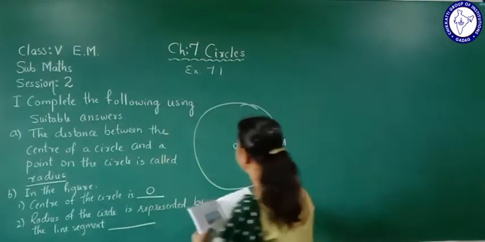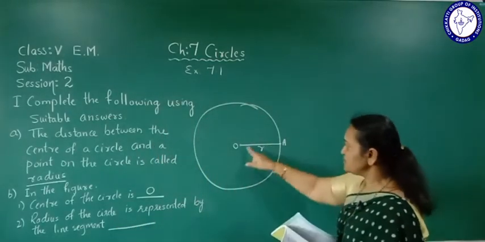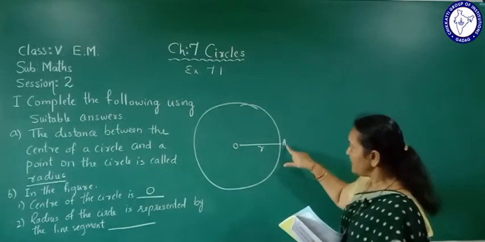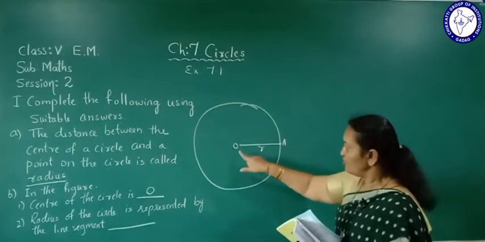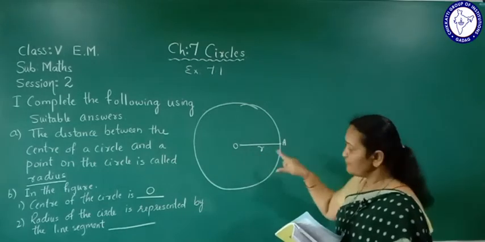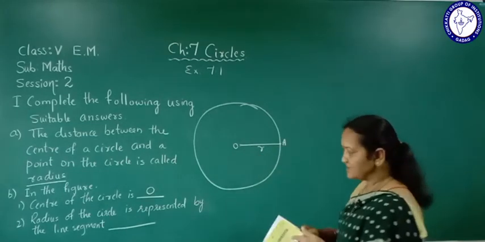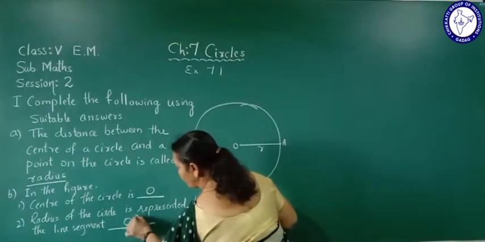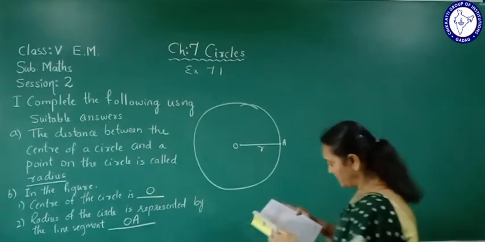Now here in the figure radius is OA. O is the center of the circle, A is point on the circle. OA is the line segment which represents the radius. So here we should write OA. OA is radius of the circle.